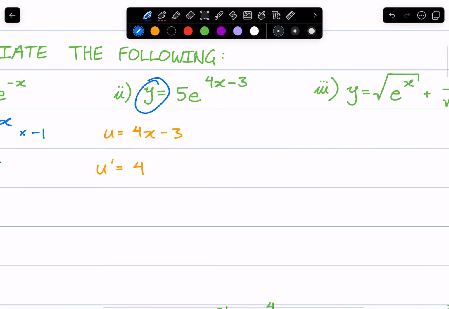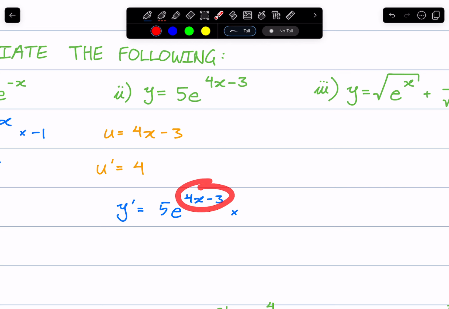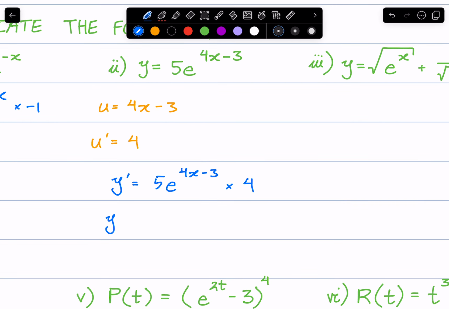Okay, so now y prime is itself, so 5e to the power of 4x minus 3. But then I need to multiply all of this by the derivative of the inside function, 4. So overall, this becomes 20e to the power of 4x minus 3.